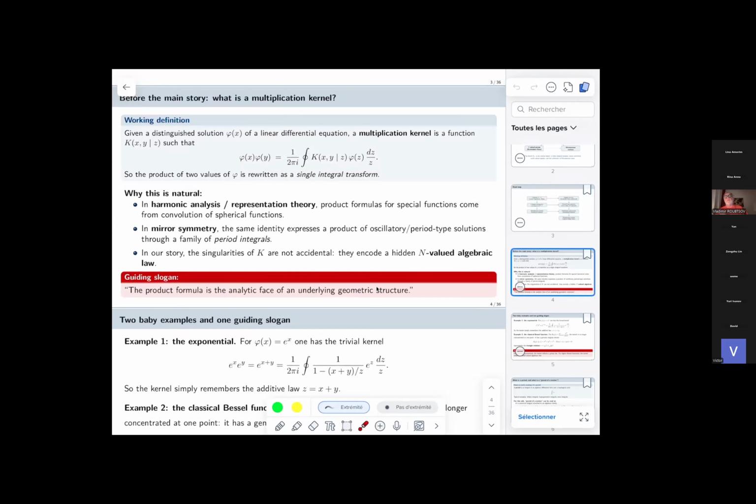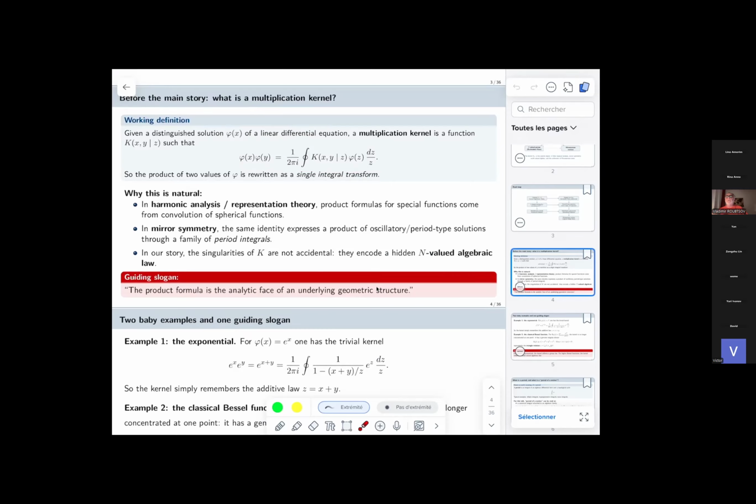He asked a different question, but Zhongzhu, so it's different. You have some differential equation, all right? Probably with regular singularities. Then you take two solutions, and instead of adding them, you can find a kernel to express their product. For example, in the typical situation I have an eigenvalue problem, and I have solutions with the same eigenvalue.